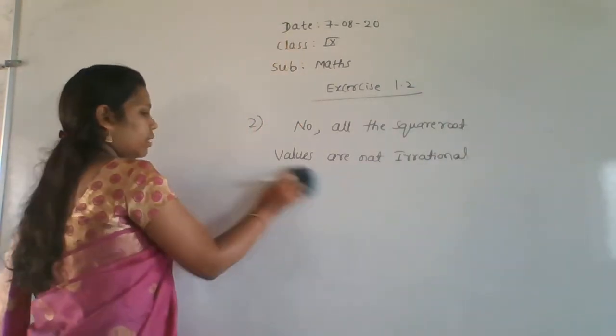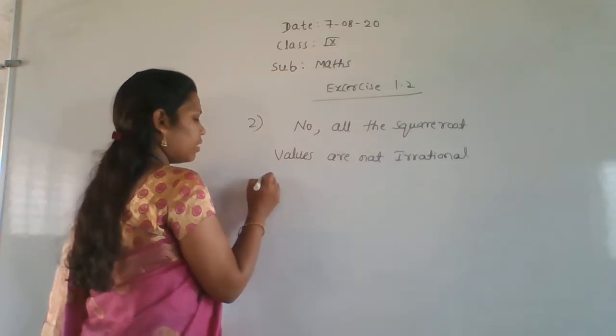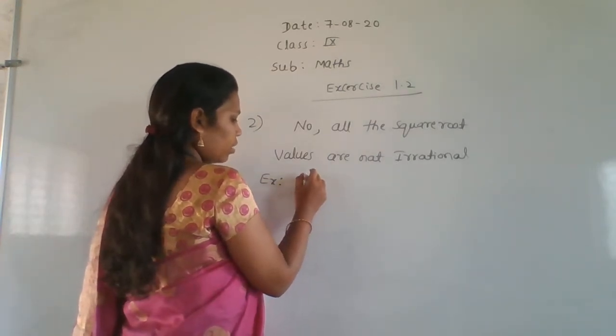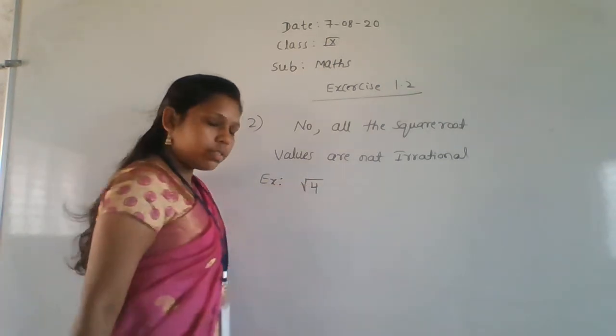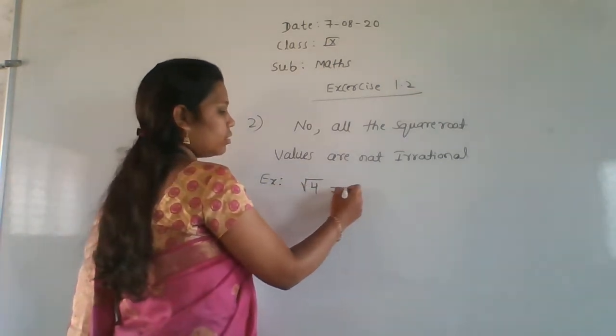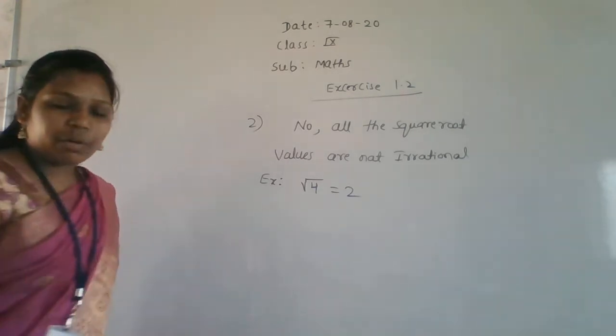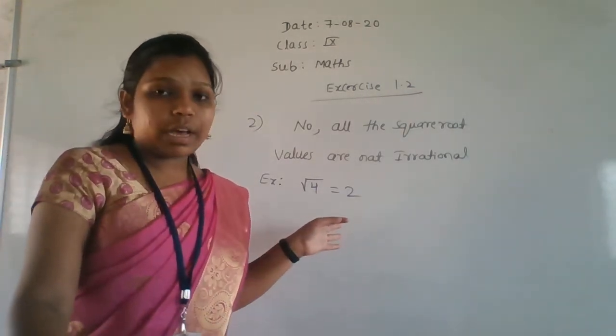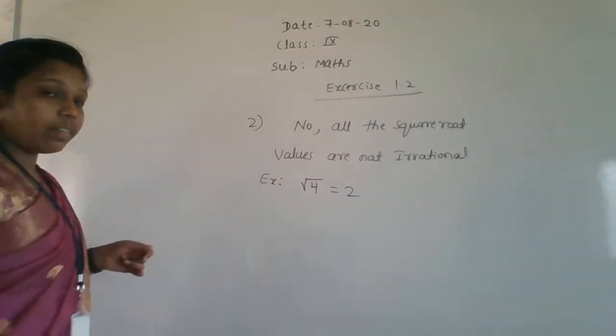Don't write the word because here, just give an example. They asked for an example. The example is root 4. What is the value of root 4? That is 2. Right? I hope everyone knows the square root values as well as the square values. Okay, what are the square values here?